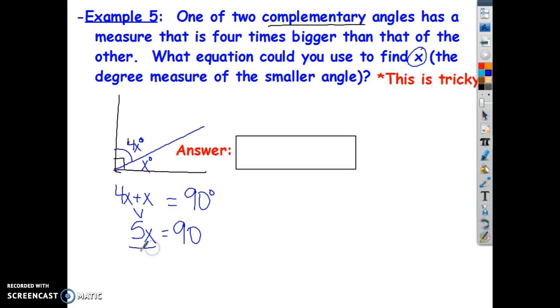And then we can solve for x by dividing by 5 on both sides. 5 divided by 5 is 1, leaving x isolated. 5 can go into 9 one time with 4 left over, and 5 can go into 40 8 times. So this lets us see that our small angle is equal to 18 degrees because x was representing the size of the smaller angle.